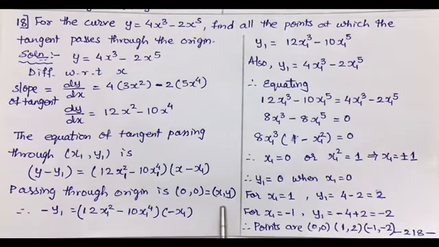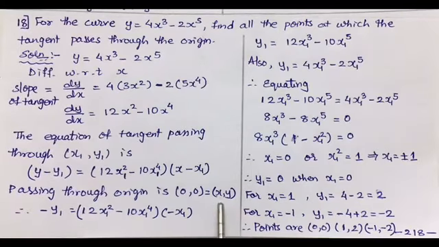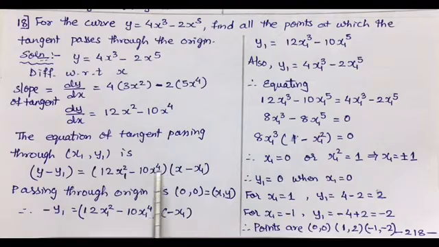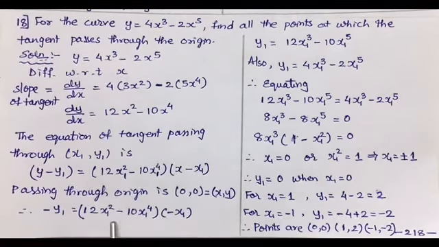It will be substituted in the place of x and y. So putting the value of x and y as 0, 0, we get from the LHS minus y1, the slope remains as it is, 12x1 square minus 10x1 raised to 4, and from the bracket remains minus x1, as x value is 0.